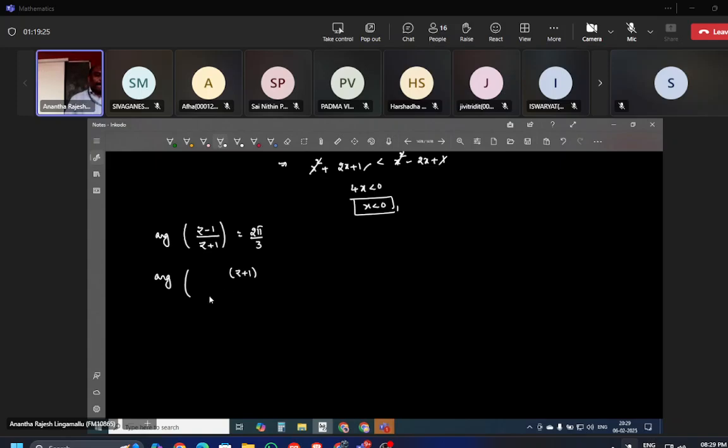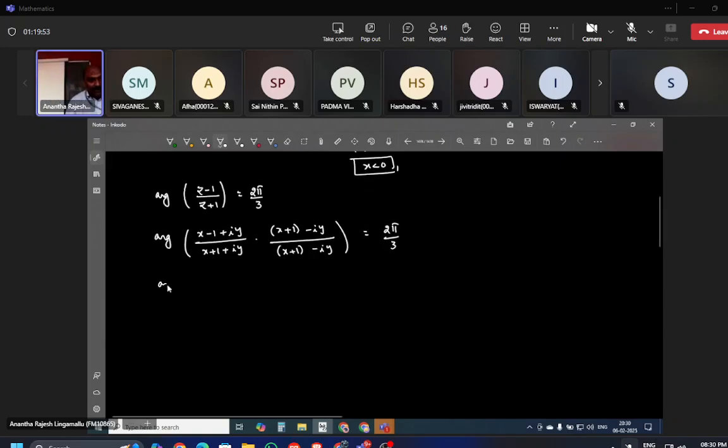Wait, z you replace. What is that? x plus iy. So (x minus 1 plus iy) by (x plus 1 plus iy) into (x plus 1 minus iy) by (x plus 1 minus iy) is equal to 2 pi by 3. Anyone has doubts? Okay.